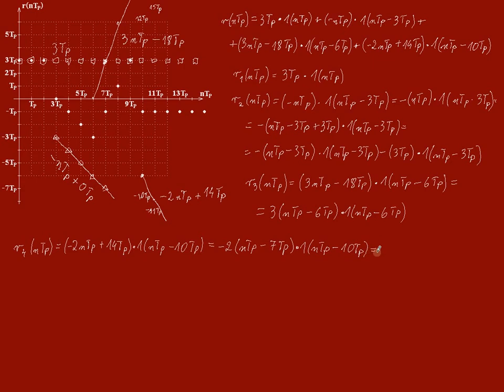Let's write what we want to get in brackets. And now, to make it mathematically correct, I have to add plus 3tp. We break the bracket into two brackets.